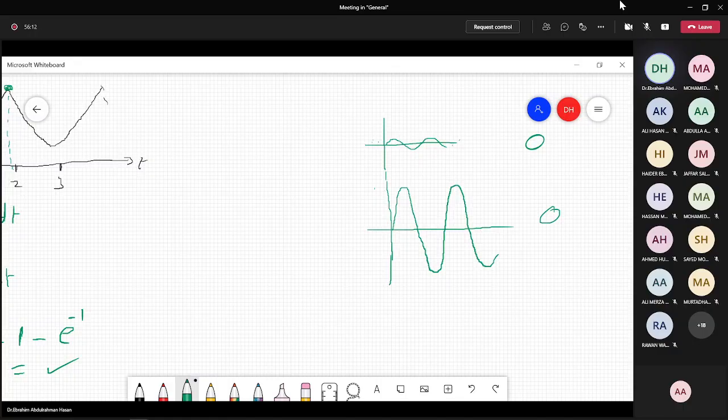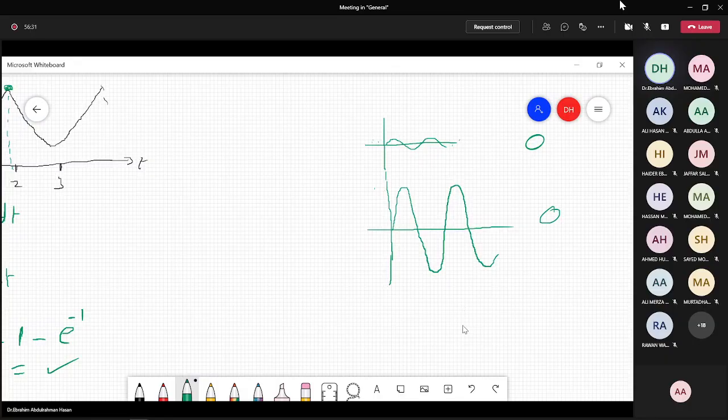It is correct that it is one of the properties of the signal, but it is not enough because, a very simple example, the average value for this sine is equal to 0, and similarly for this one.